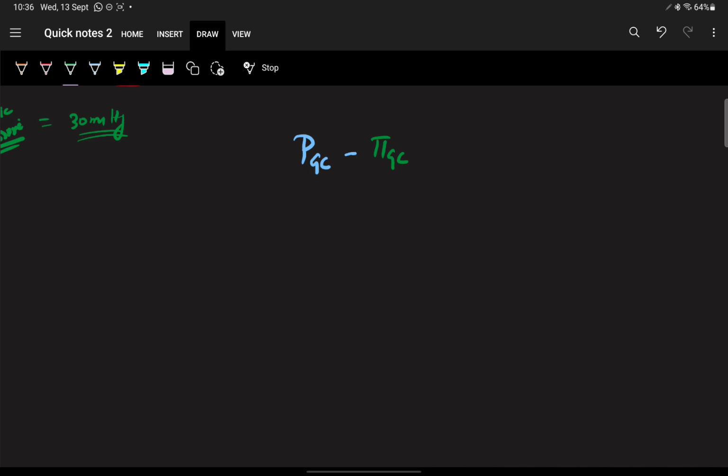So the net filtration pressure in glomerular capillaries is the hydrostatic pressure, which was 50 mmHg, minus the oncotic pressure in the glomerular capillaries, which was 30 mmHg. So what is the net filtration pressure in the glomerular capillaries? It is around 20 mmHg.